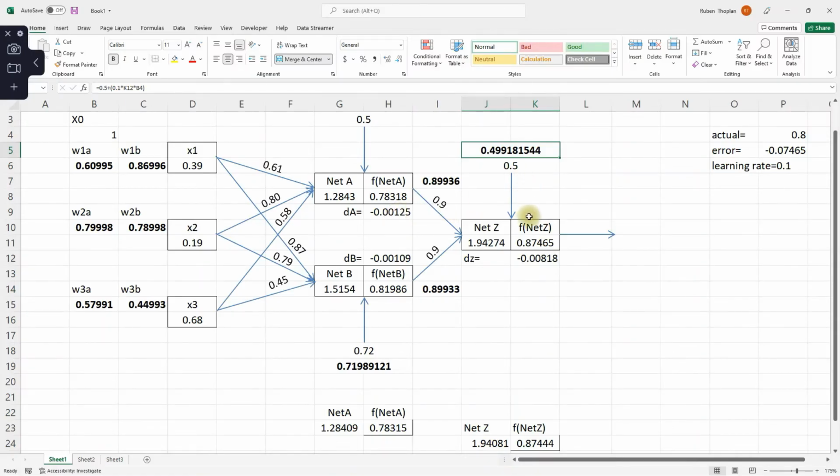You would observe now that the value is not negative, it's smaller than 0.5, which makes sense because your predicted value is above the actual value.